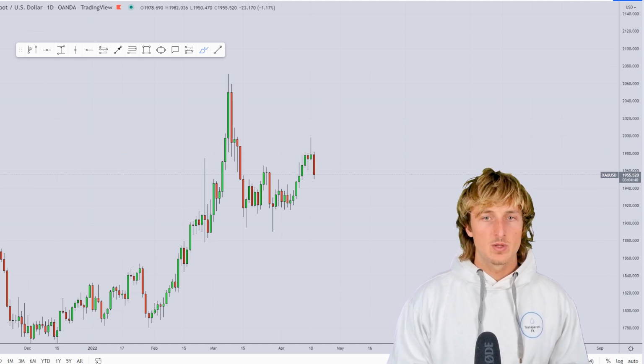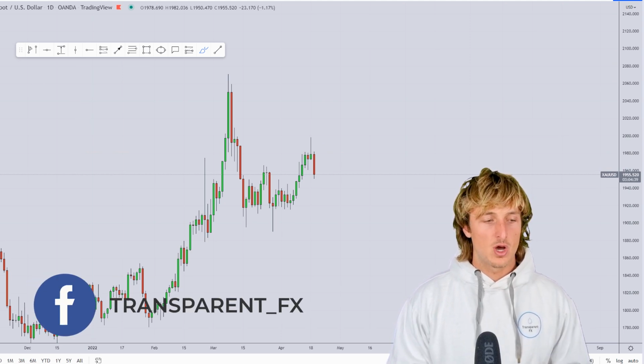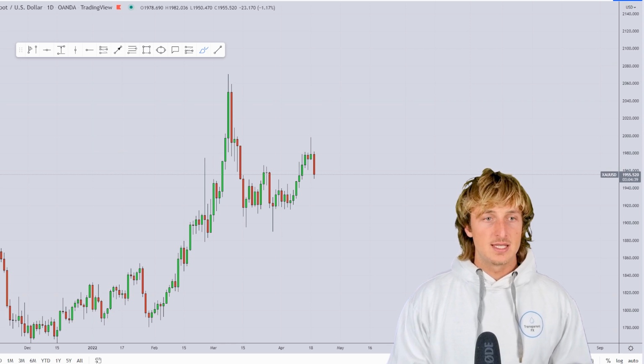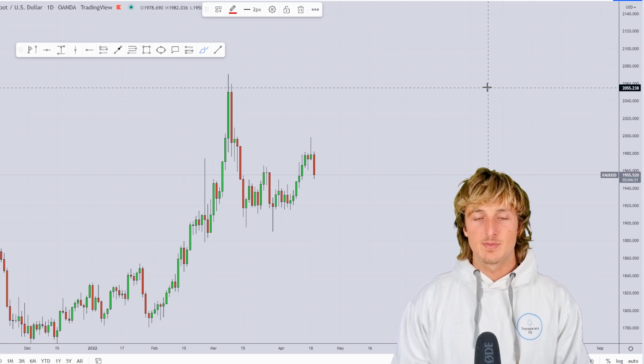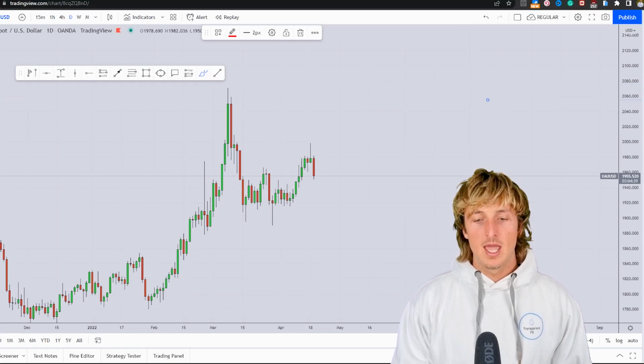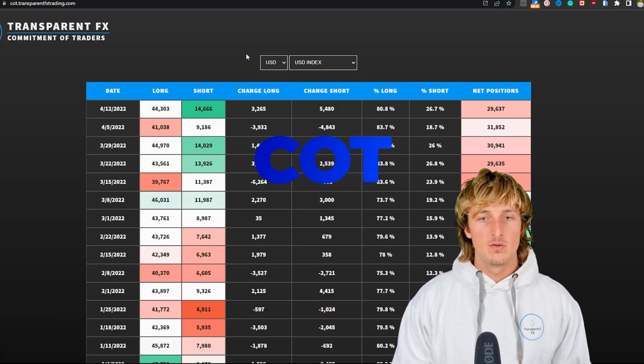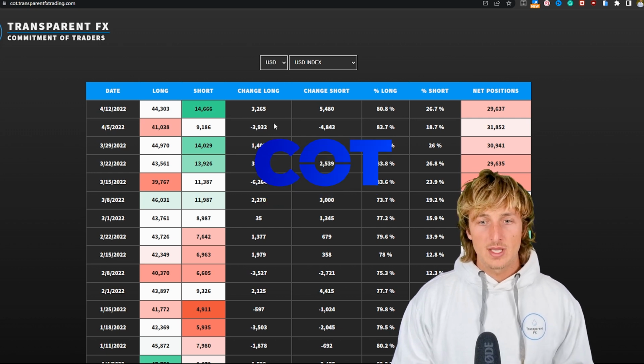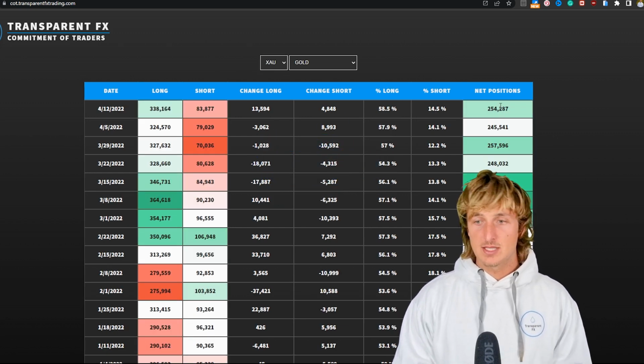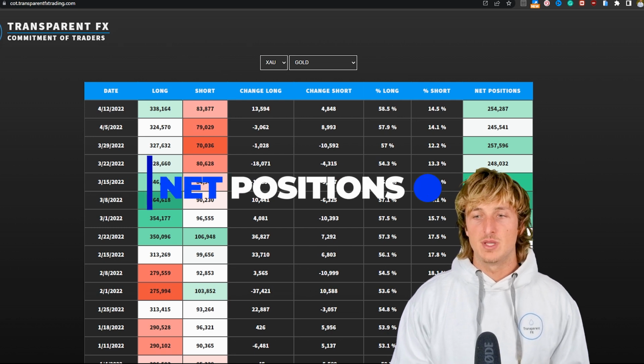Now, if we go and see what we have when it comes to the commitment of traders, which is the COT data, so what the non-commercials, so the biggest speculators in the market are doing, and we check the data specifically for gold, what we can see here is that with the last reports, net positions have been increasing.